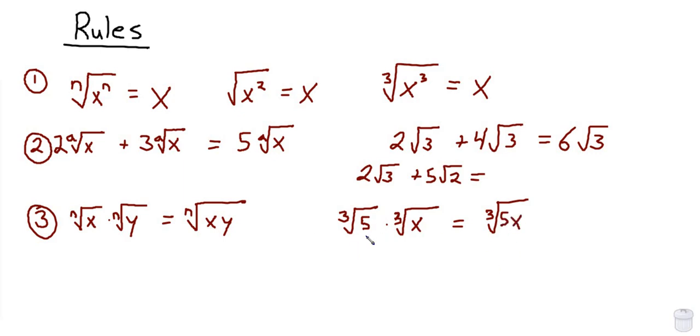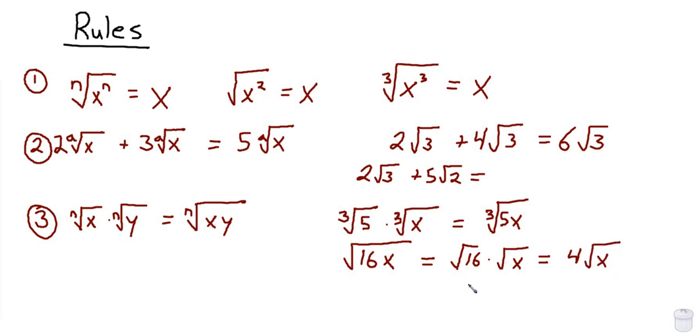And this goes the other way around too. If I had, say, the square root of 16x, I can split that apart. I can say that is the square root of 16 times the square root of x. Well, the square root of 16 I know is 4, and I can't simplify that square root of x at all.